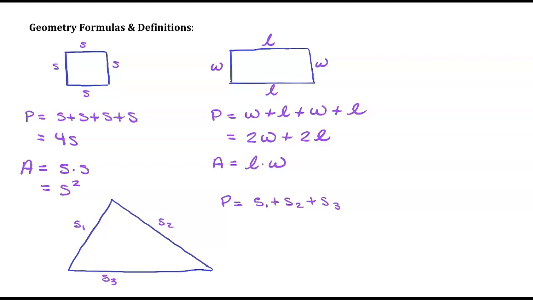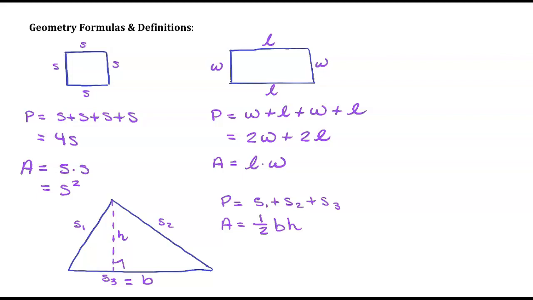The area is calculated a little differently. Area, you may remember, is 1/2 times the base times the height. That is, if you have a height of your triangle of length h, and your base has some length b, then the area is 1/2 times that base times the height.